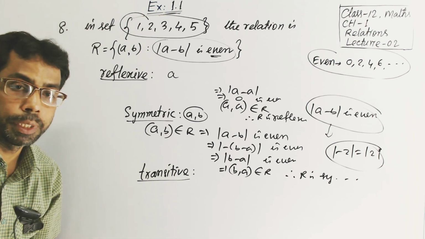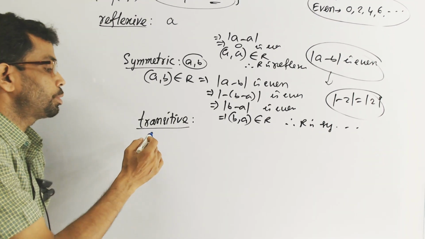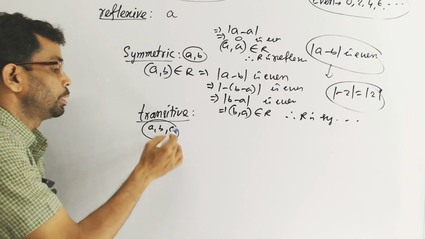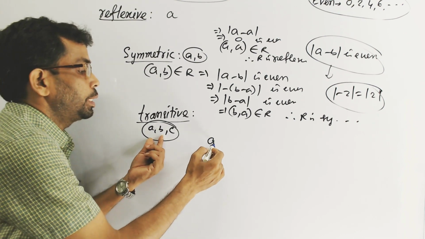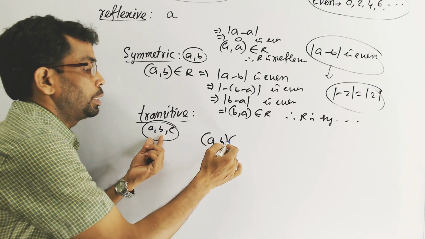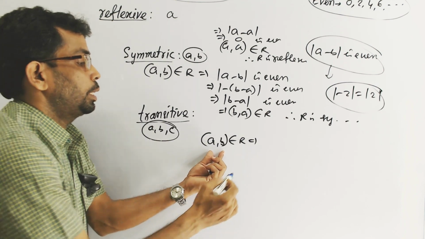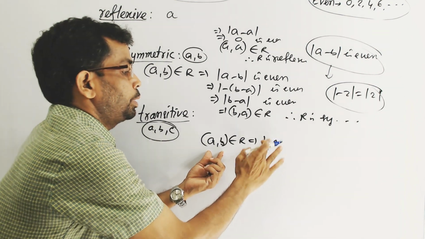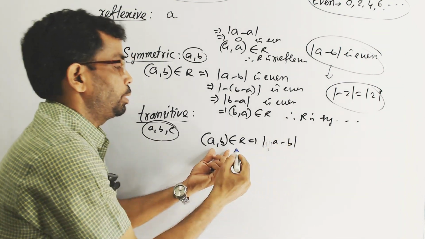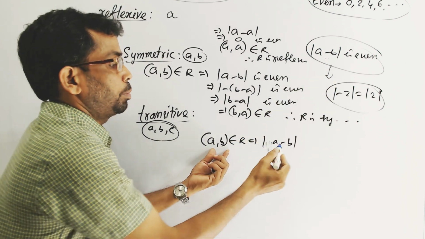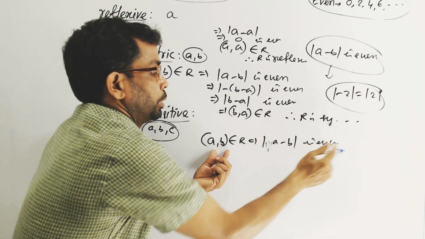To explain transitive, we have to explain with three elements. So I'll take A, B, C, and if the pair AB is in the relation, then A and B must satisfy this condition. That means modulus of A minus B is even.